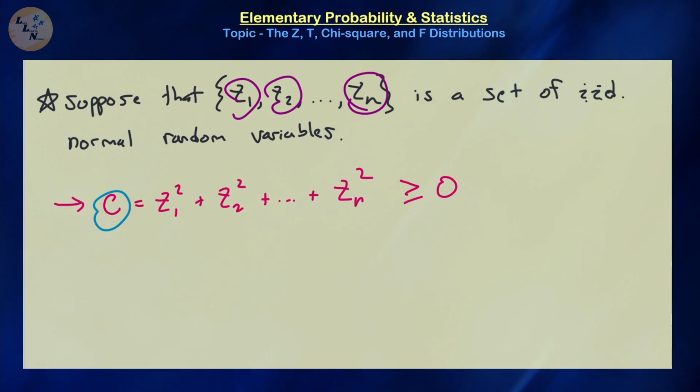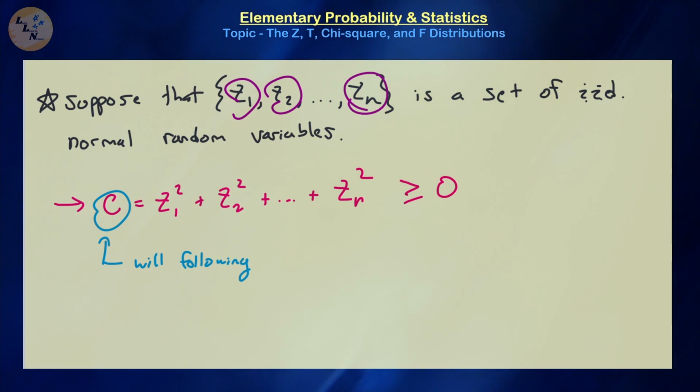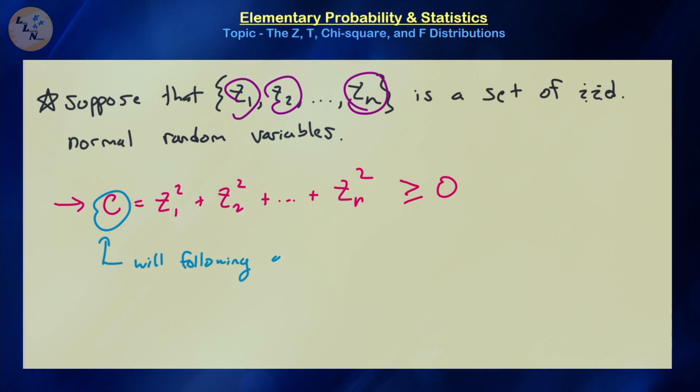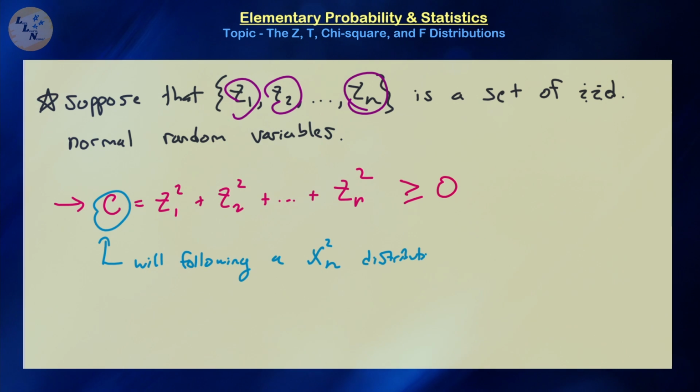So one can show that this variable c will follow not a normal distribution, because normal distributions can be negative. It will follow a non-negative distribution, and this distribution is called a chi-square n distribution.